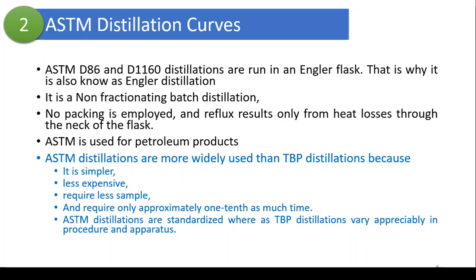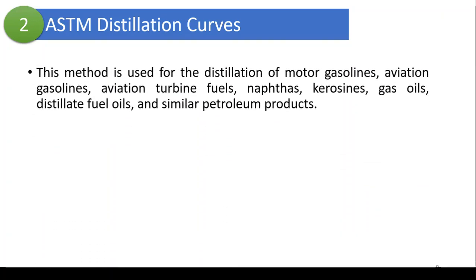And ASTM distillations are very much standardized, whereas the TBP distillation normally has no standard procedures, apparatus, and manual. So you can say the ASTM is more versatile as compared to the TBP distillation. Also, this method is used for gasoline, aviation turbine fuels, naphtha, kerosene, gas oil.